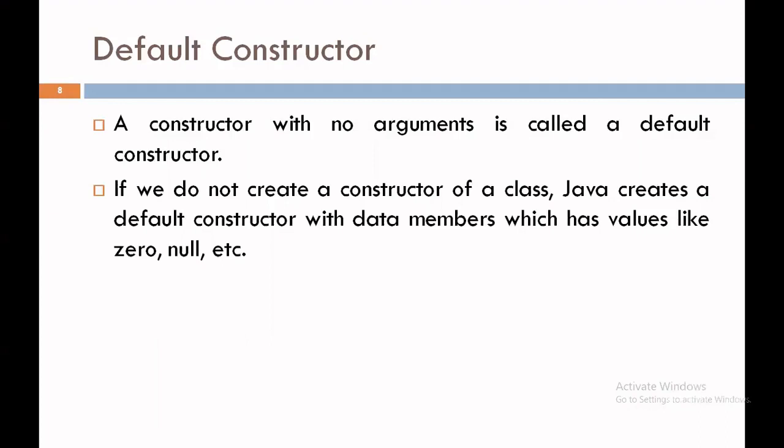And this default constructor may be created by Java itself, that means the system itself, or it may be created by the user. Let's see the example of the constructor.